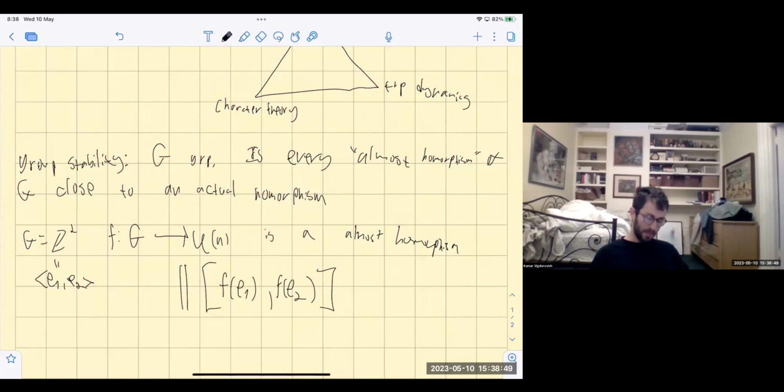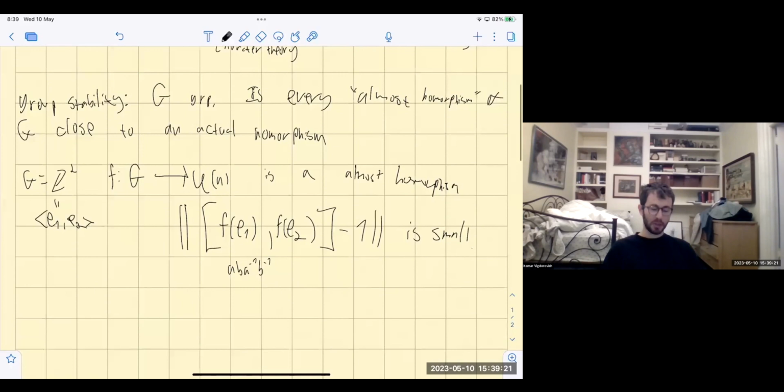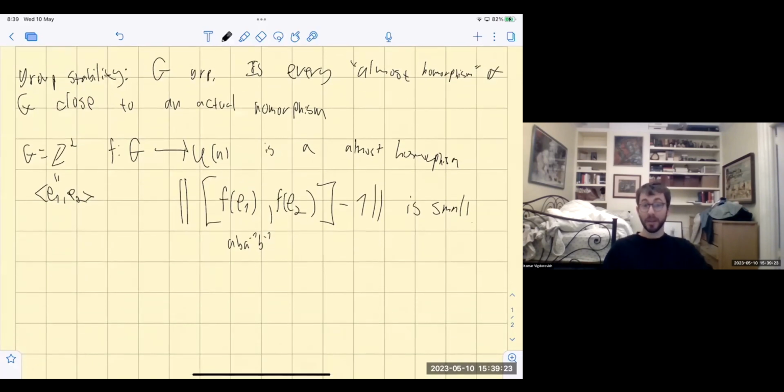So the matrices almost commute, in the sense that their commutator is not precisely 1 like it is for commuting matrices. Commutator here means A inverse B inverse A B, the group theory commutator. If it were an actual homomorphism, those two matrices would commute, but since it's only an almost homomorphism, they only almost commute.